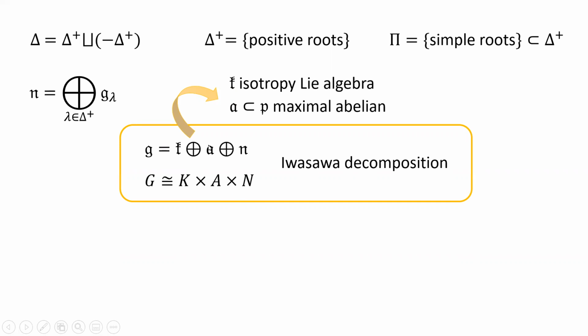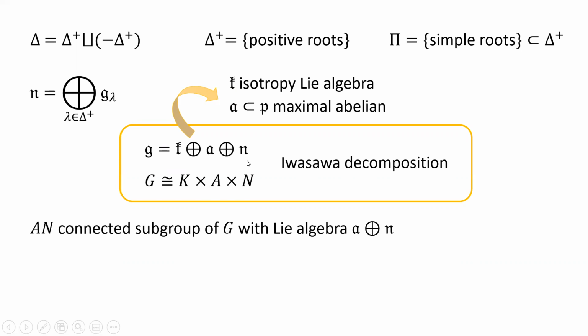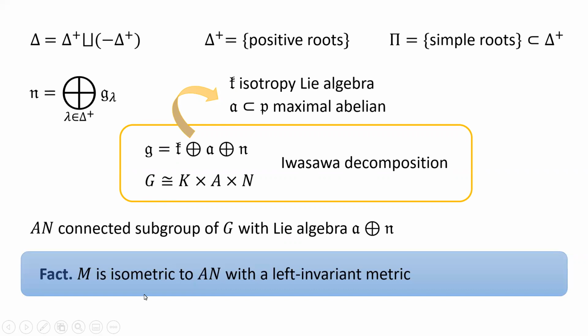So A plus N is a Lie subalgebra of G. It's a semi-direct sum. And you can consider the connected subgroup of G, AN, with such Lie algebra. So you can imagine that G mod K is M, so G mod K should be identified with A times N. You can formalize this. M turns out to be diffeomorphic to this solvable Lie group AN.